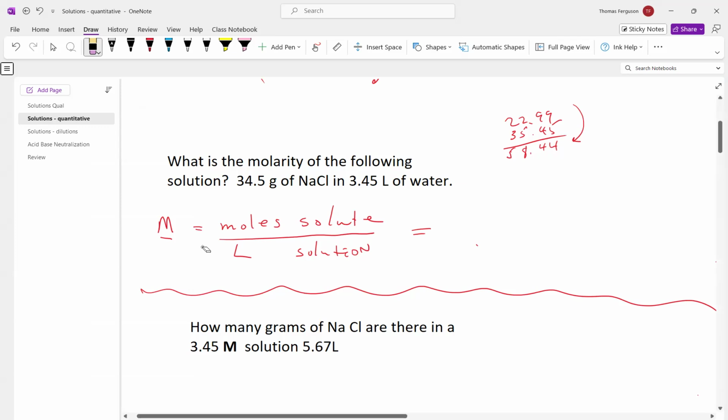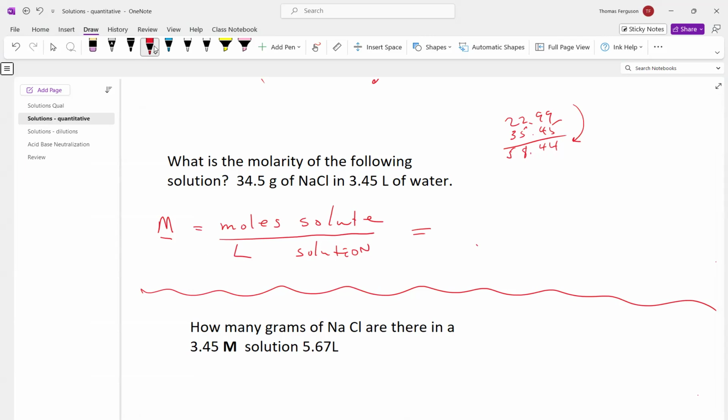What's the molarity of the following solution? 34.5 grams of sodium chloride in 3.45 liters of water. The definition of molarity is moles of solute per liter of solution. That's the official definition.